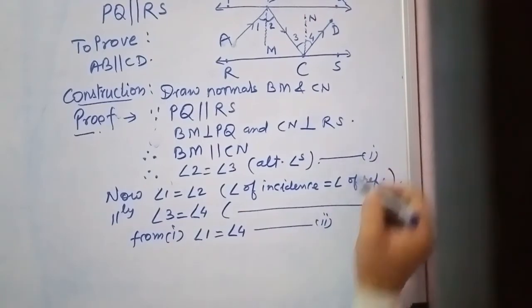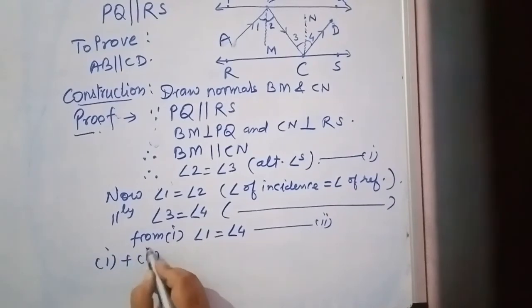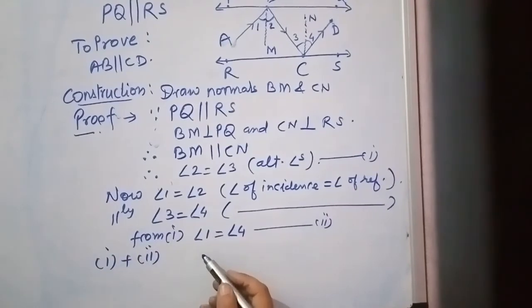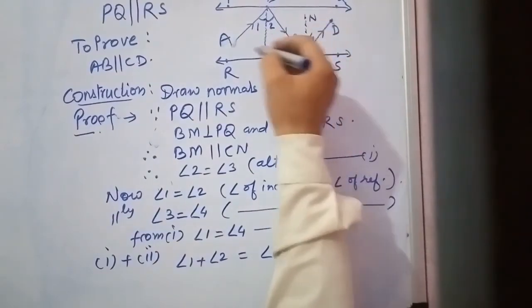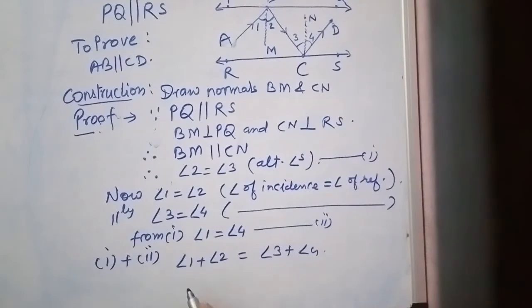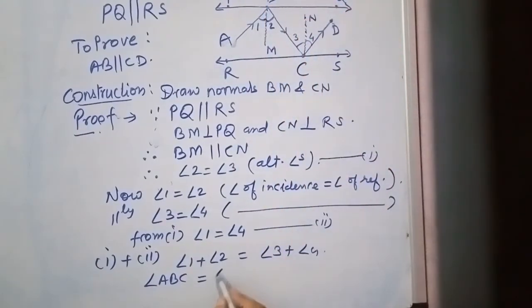Now add these two equations, equation first plus equation second. So we get angle 1 plus angle 2 equals angle 3 plus angle 4. Angle 1 plus angle 2 means angle ABC, and angle 3 plus angle 4 means angle BCD.